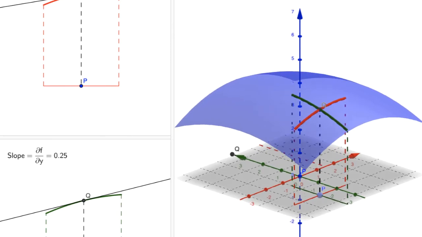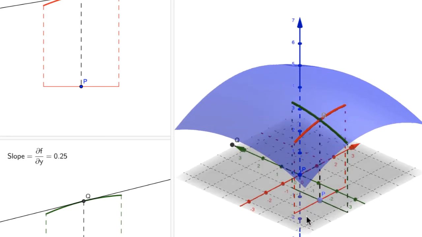If I want to compute the partial derivative with respect to x, that means that x is free to change, but y is fixed. So I will move along this red line that you see here, which is parallel to the x-axis, and this red segment will lift to a curve on the surface, which is this red curve that you see here.